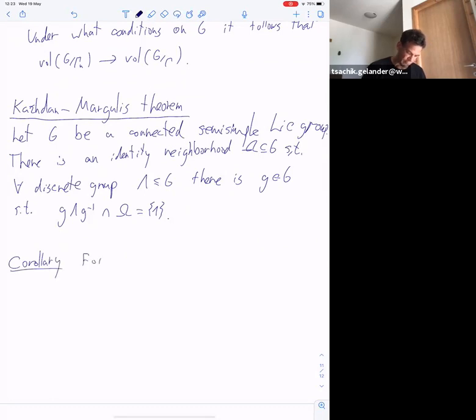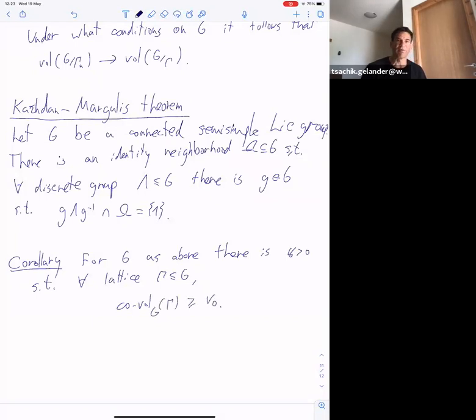For G as above, there is V naught such that for every lattice gamma in G, the co-volume of gamma is at least V naught. So this was not known.